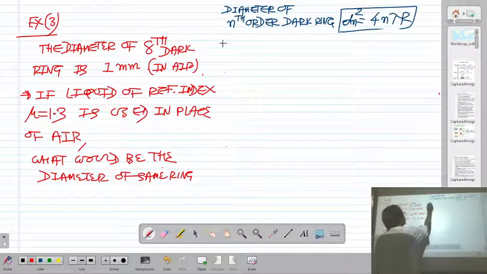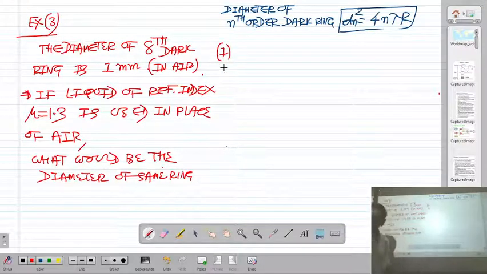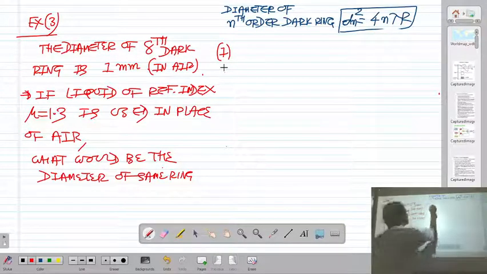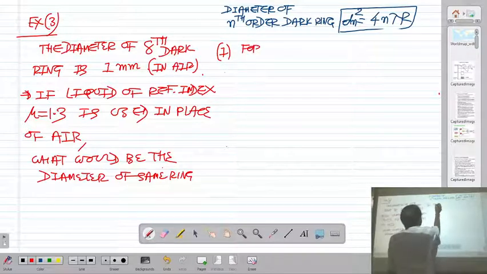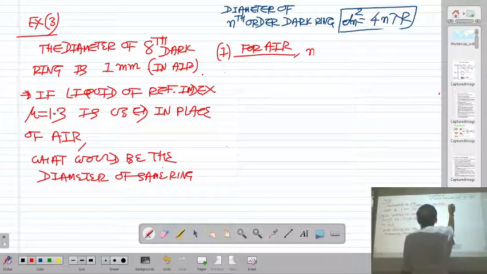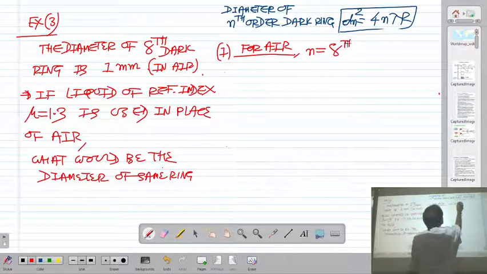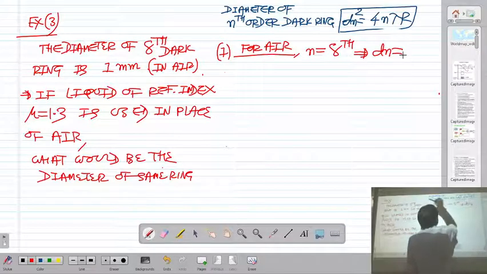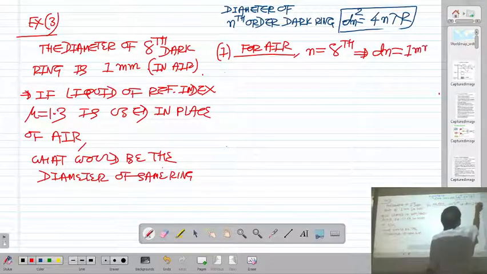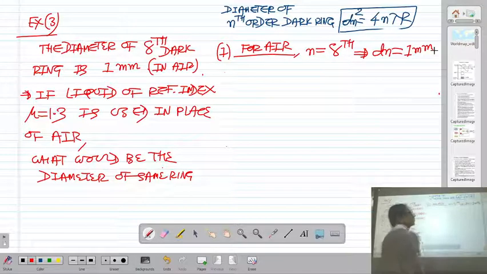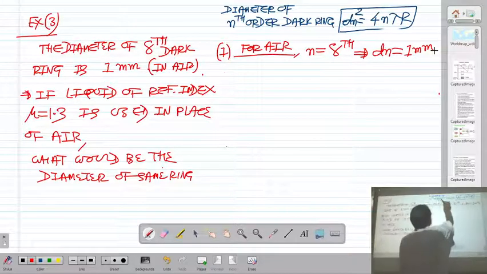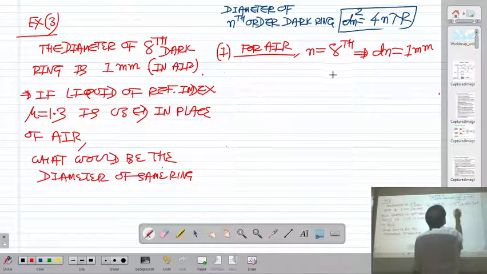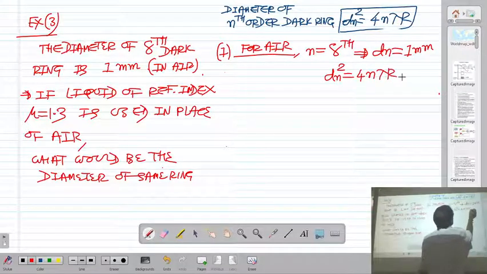Okay, so I give you the hint. For air, the diameter of the eighth dark ring is given, Dn is equal to 1 mm. And according to the theory, the diameter of the nth order dark ring in air is Dn square equal to 4n lambda r. Equation 1.